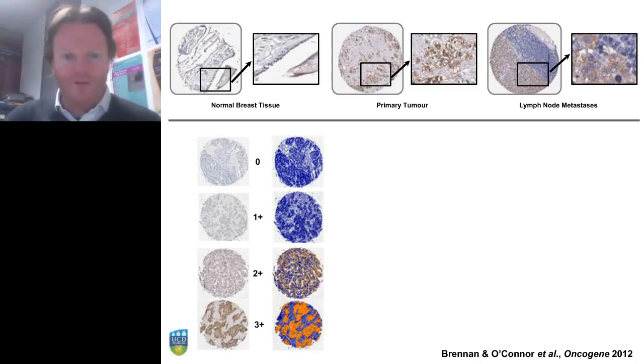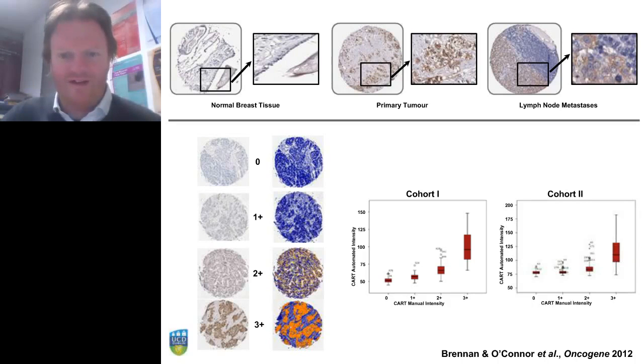So we developed both a manual and an automated scoring model in order to measure CART expression in breast cancer, and saw a very good correspondence between our manual scores and our automated scores, with a very high R squared of about 0.79.